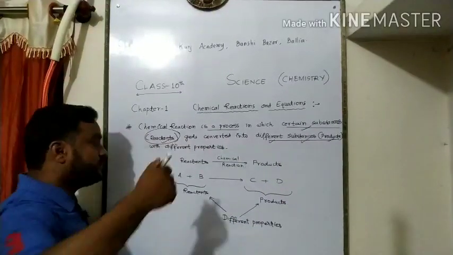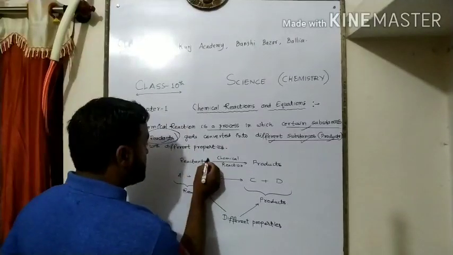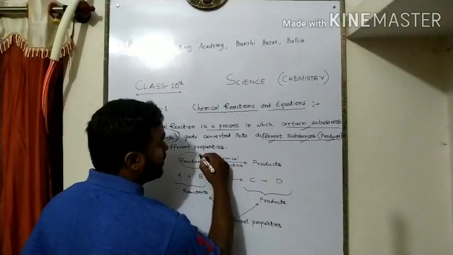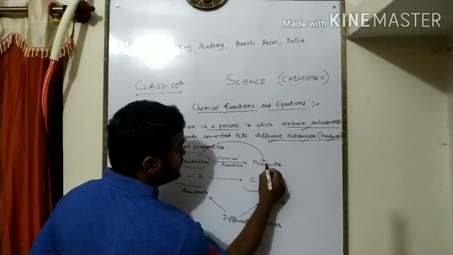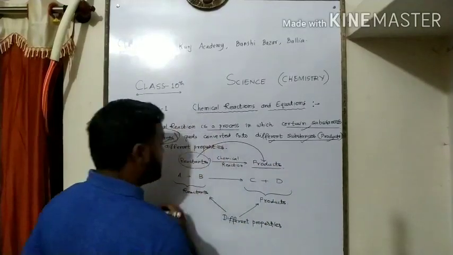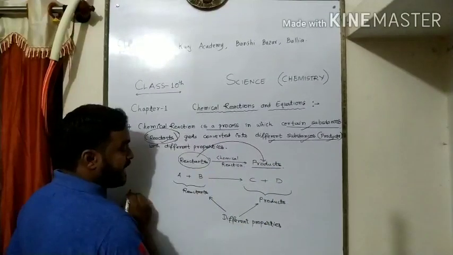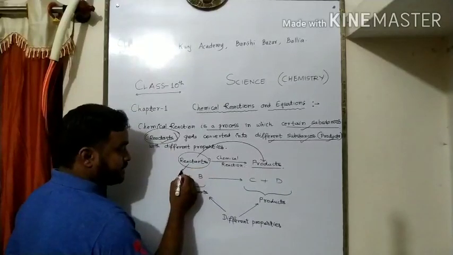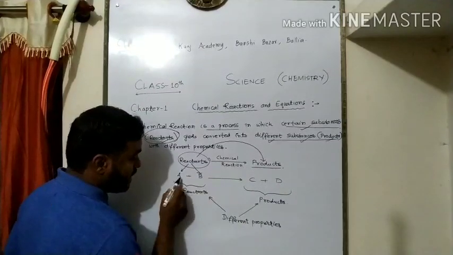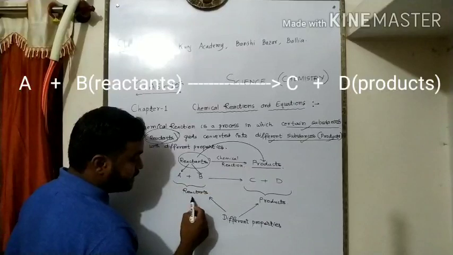So I have mentioned over here that the reactants are getting converted into products. Let us assume the reactants as hypothetical substances A and B. So here A and B are mentioned as reactants.